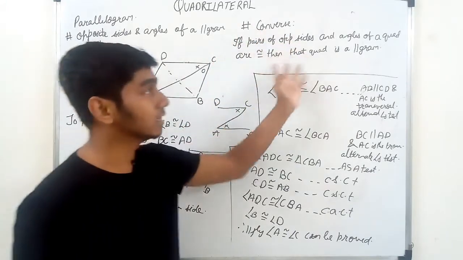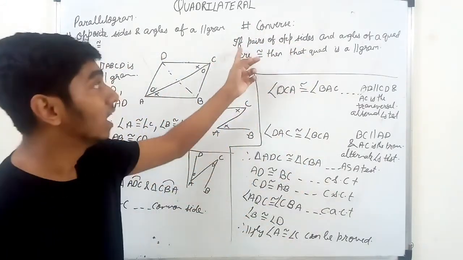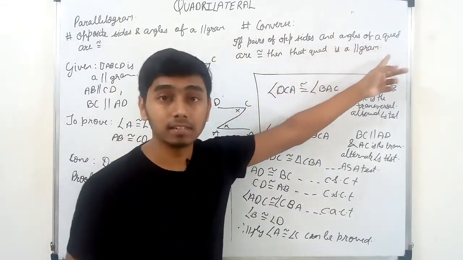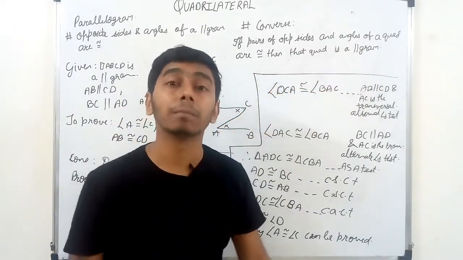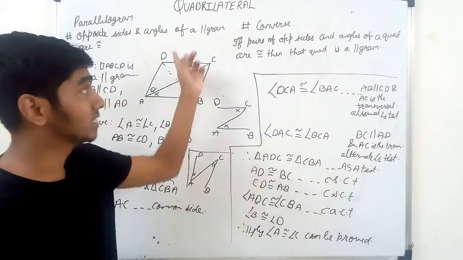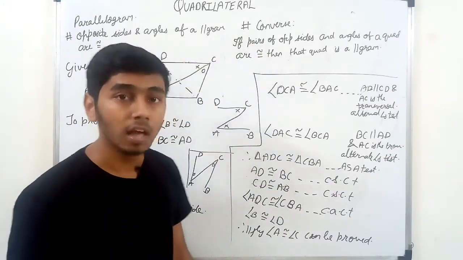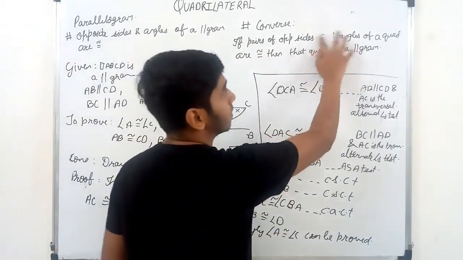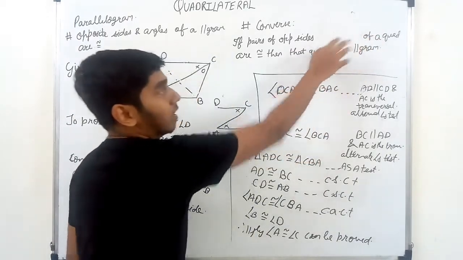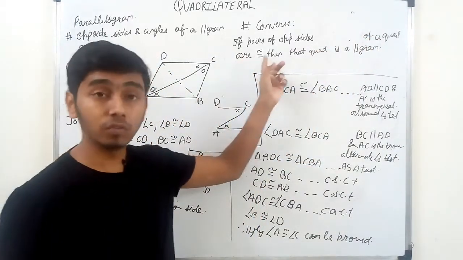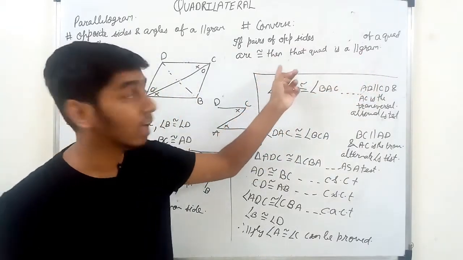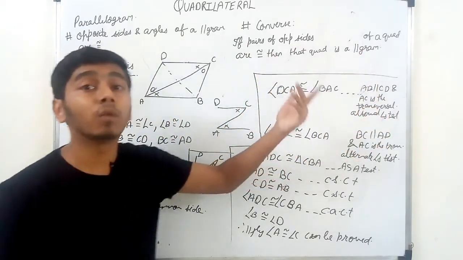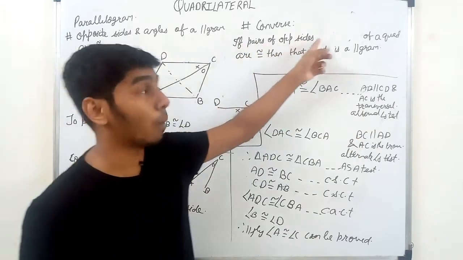So the theorem says that if pairs of opposite sides and angles of a quadrilateral are congruent, then that quadrilateral is a parallelogram. It is just the converse of this, but we'll break it into two. We'll first prove that if pairs of opposite sides of a quadrilateral are congruent, then it is a parallelogram, and then we'll take pairs of opposite angles.